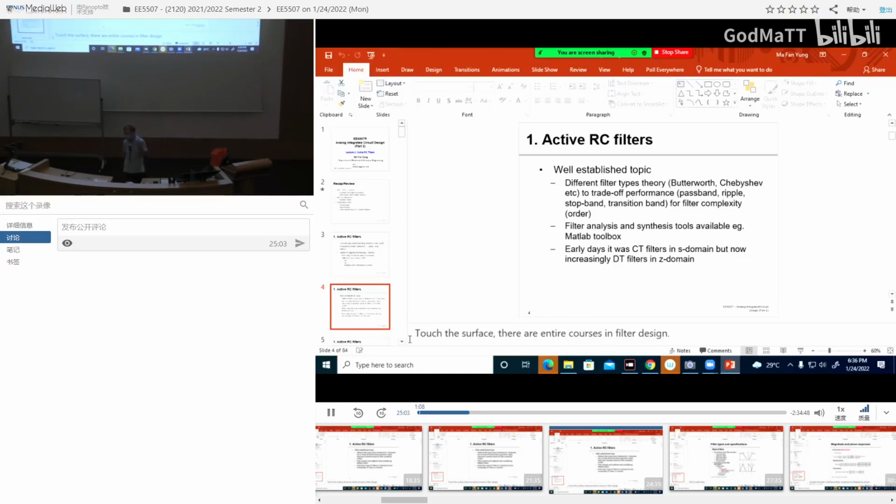Inductor is SL, resistor is R. Then you analyze it and get an output or transfer function in terms of S. Then you can do the inverse Laplace transform to find the time domain answer. But the S domain transfer function itself is also useful, because from there you can get the frequency response. Later on when we do the filter, you will see how we get the frequency response.